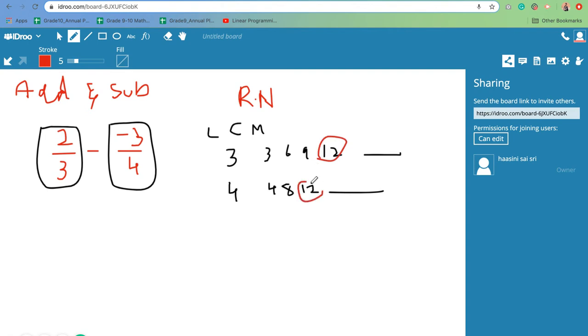My goal is to change these two fractions into the common multiple. I'm changing this 2 upon 3, and here I have to make sure the negative sign is there. Negative 3 upon 4.